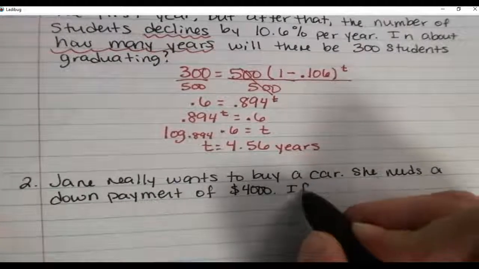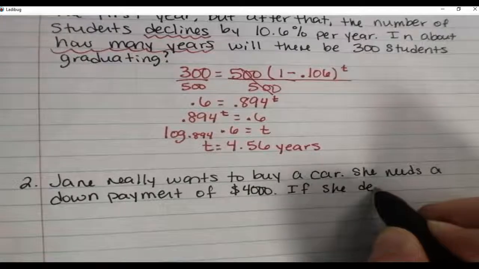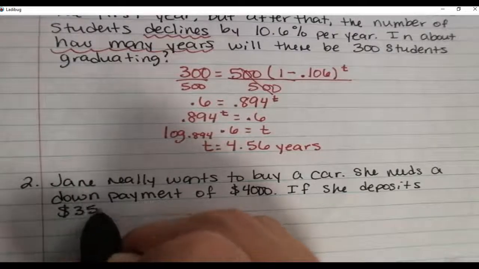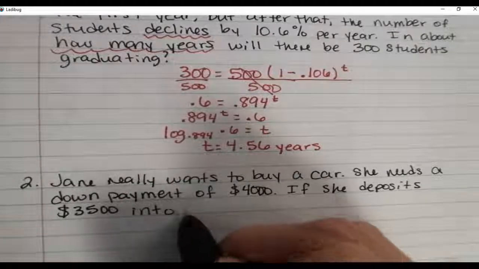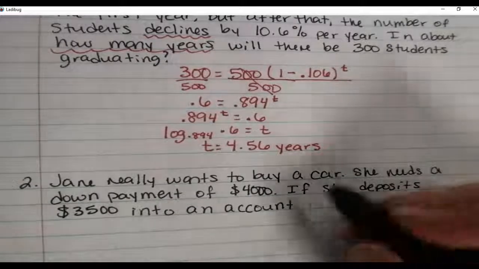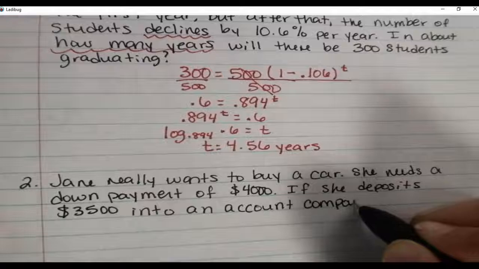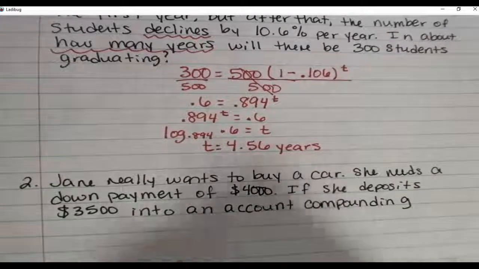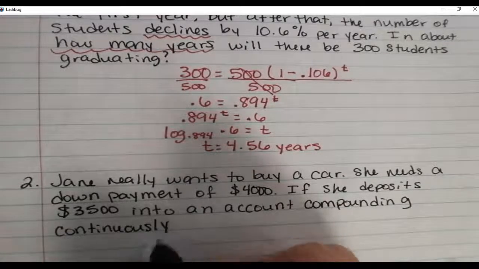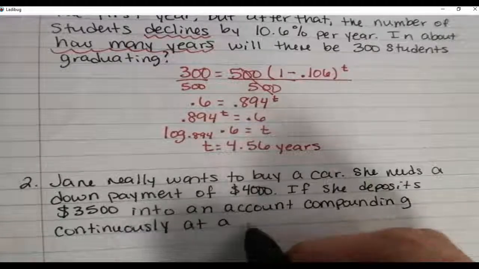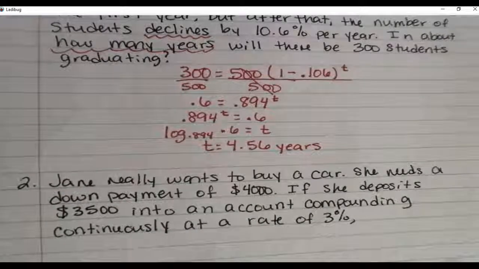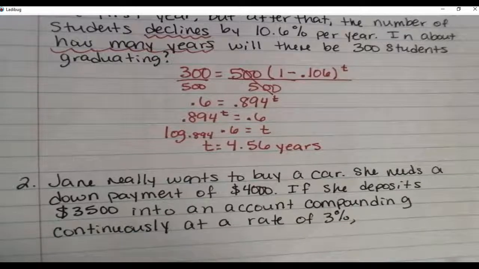If she deposits $3,500 into an account, compounding continuously, at a rate of 3%, how many years will it take her to save enough money to buy the car?